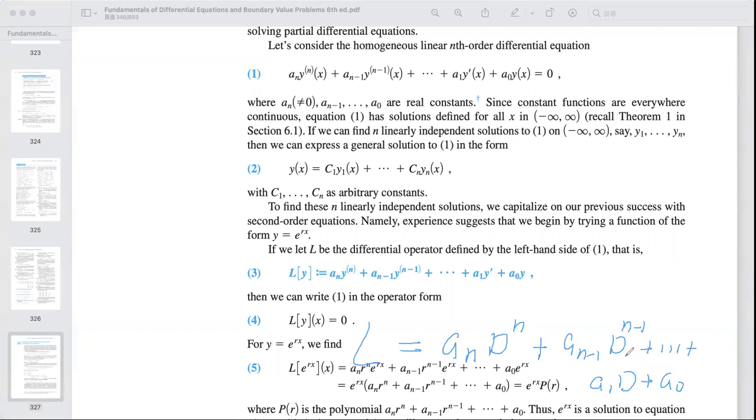This is important. We will use that later. Let me erase this so we can continue.